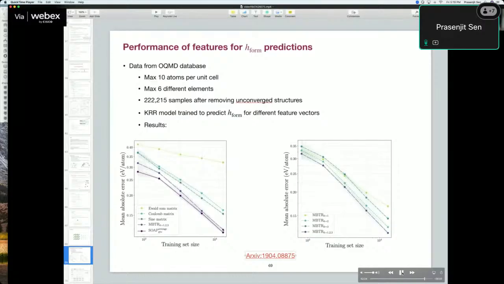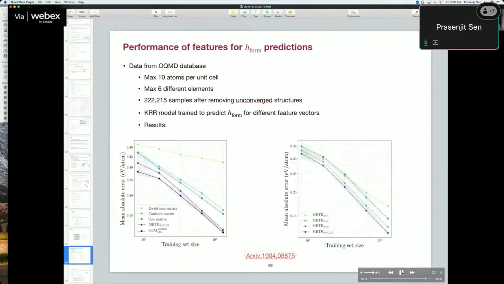Then the next higher point. So what is plotted along this axis, the vertical axis, is the mean absolute error in the prediction in eV per atom. So the smaller the mean absolute error, the better the model performs. So best performance is obtained using SOAP. The next one is MBTR, combining k equal to 1, 2, and 3 MBTR components.